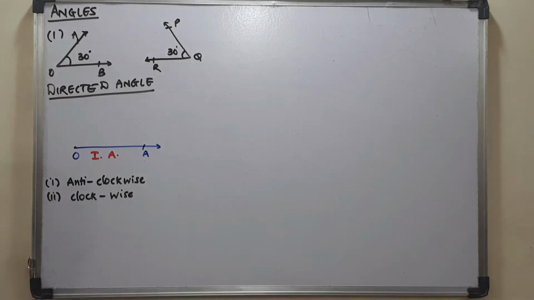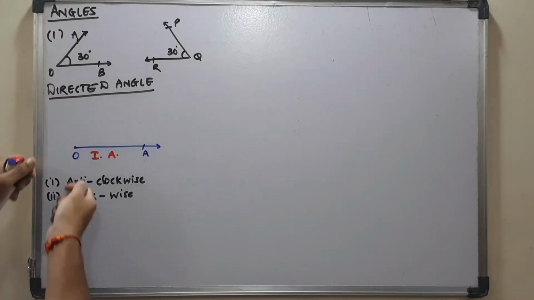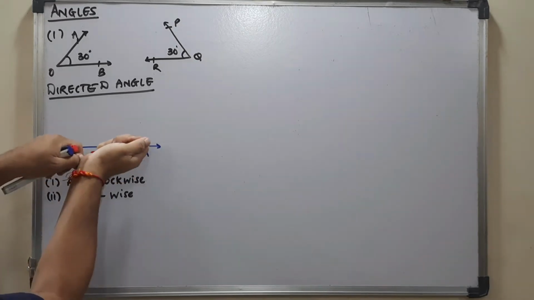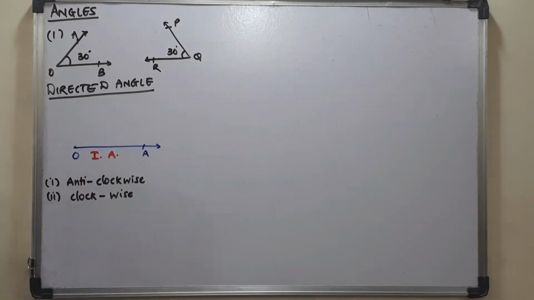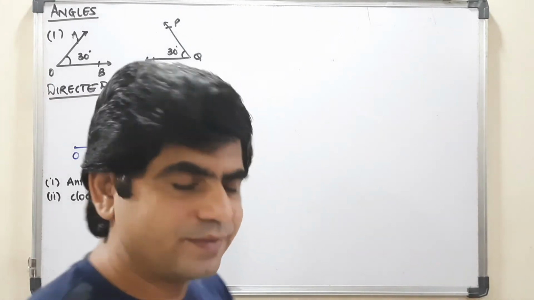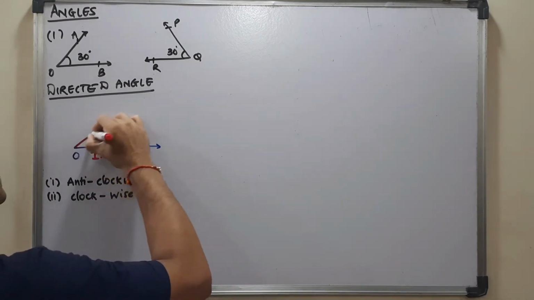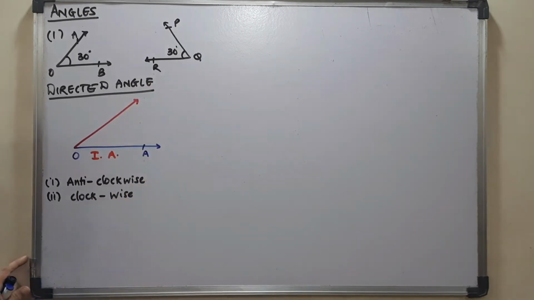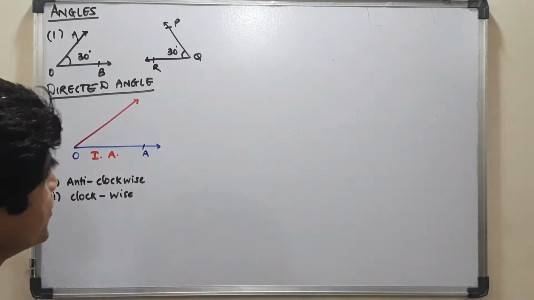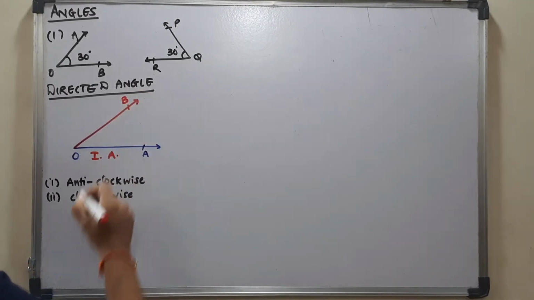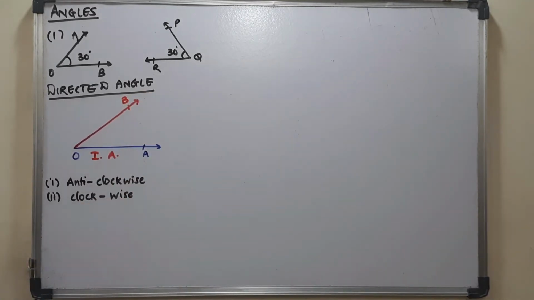So this thread, I am taking it and moving it in the anti-clockwise direction. I start moving it like this, and after moving, I stop at a certain position. Suppose I stop at this position. Let that position be OB. So what exactly did I do?